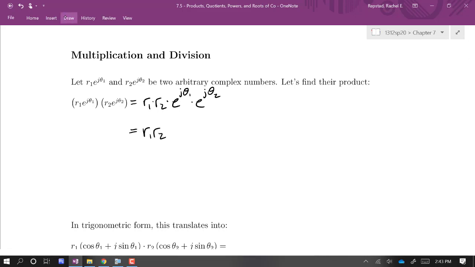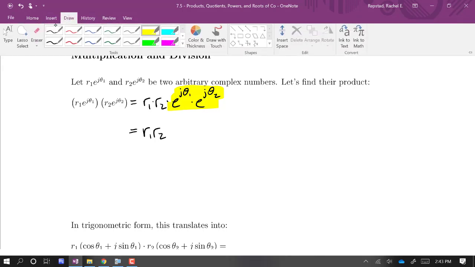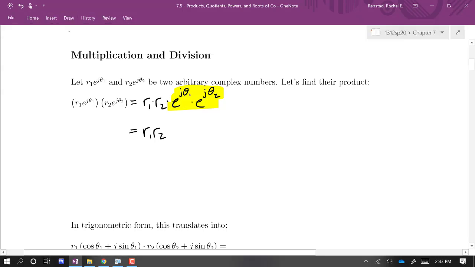Now, when we think about multiplying these together, I have the same base, right? And I'm multiplying them together. Our rules of exponents tell us that we can add the exponents. And inside the exponent, now we have a common factor of j, so I'm going to factor it out.